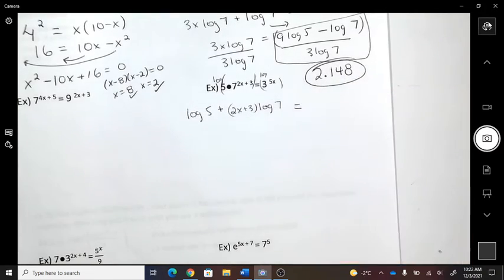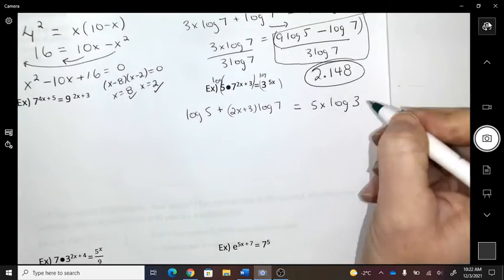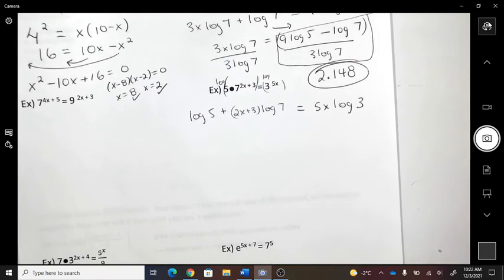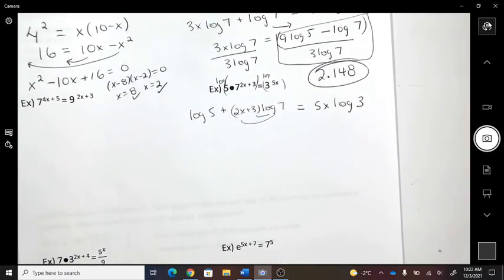So on the right-hand side, exponents become multiplier coefficients. Okay, so that was the rules part of it. Now here, you're going to want to distribute that.